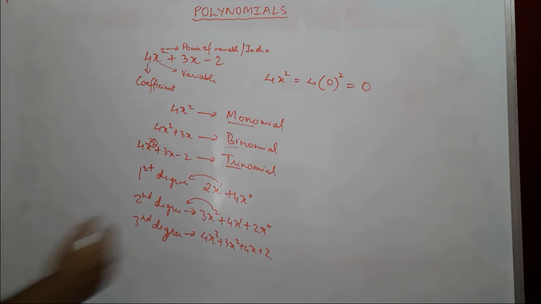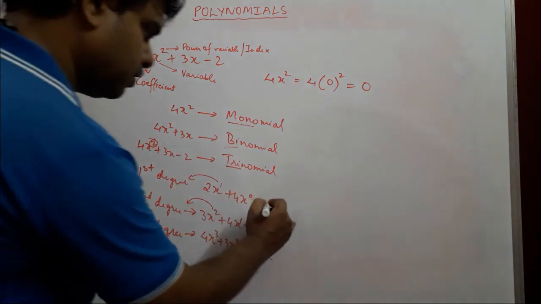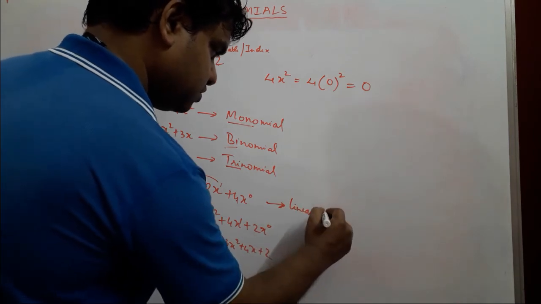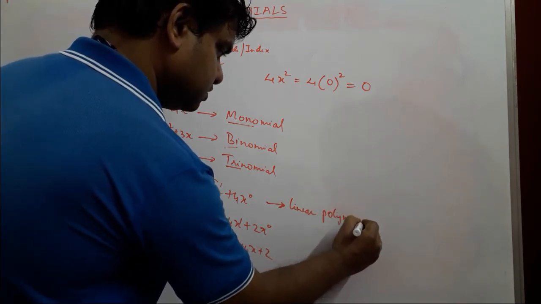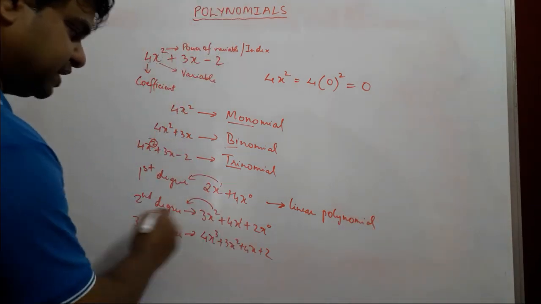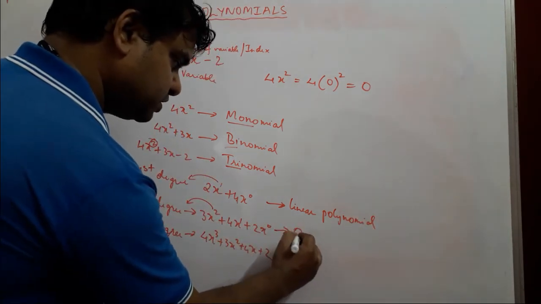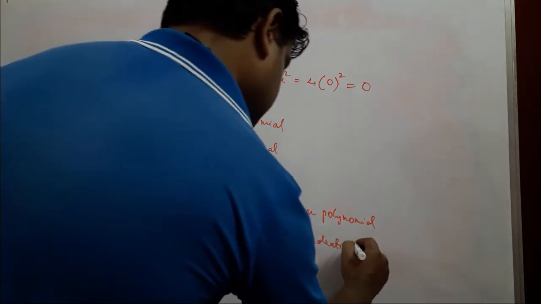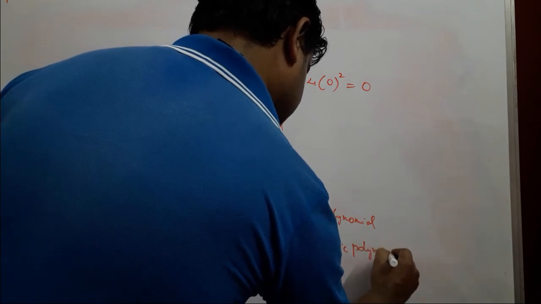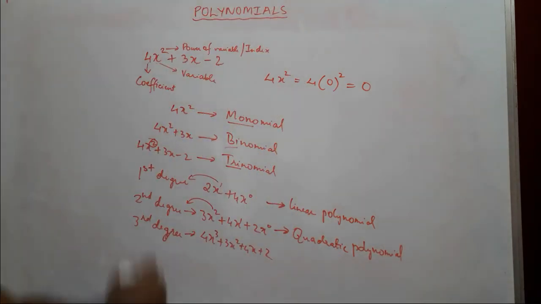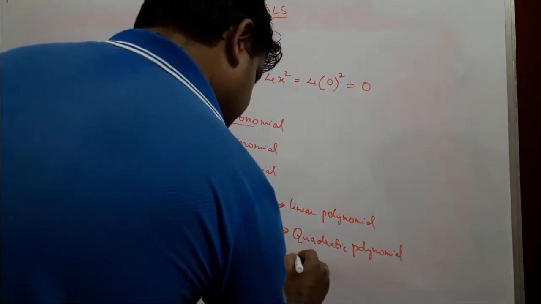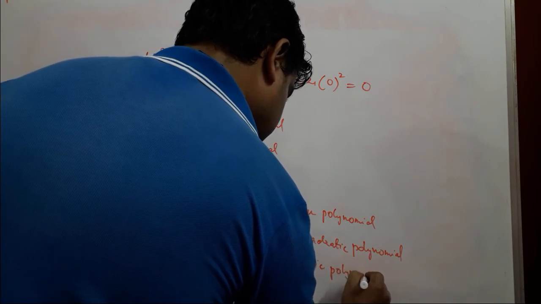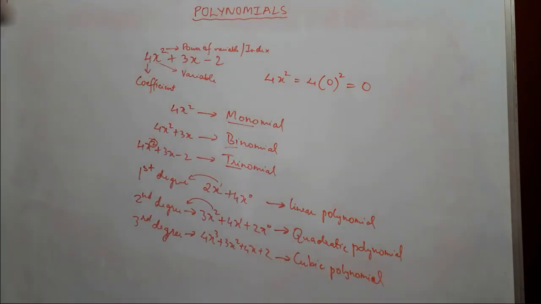Now first degree polynomials are also referred to as linear polynomials, second degree polynomials are referred to as quadratic polynomials, and third degree polynomials are referred to as cubic polynomials.